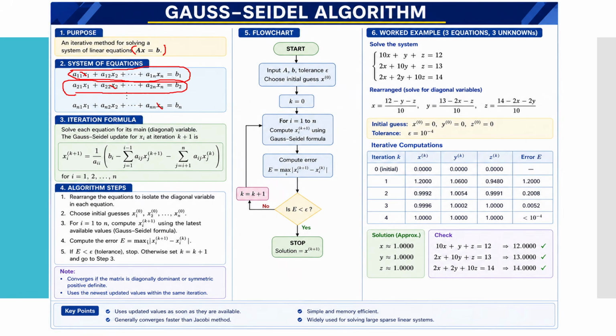To perform that, we will take the other parameters except the diagonal to the other side.